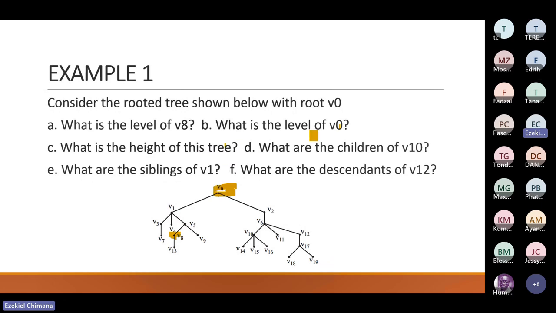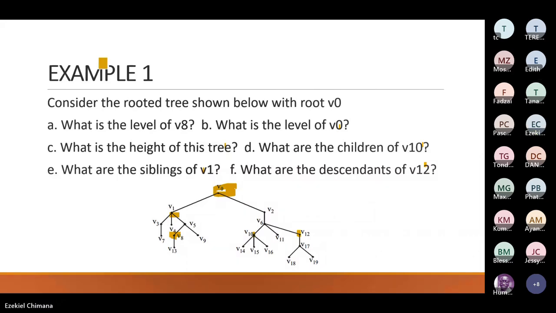The children of V10: where is V10? Here. What are the siblings of V1? And what are the descendants of V12? Where is V12? Here. You must be in a position to answer these questions.